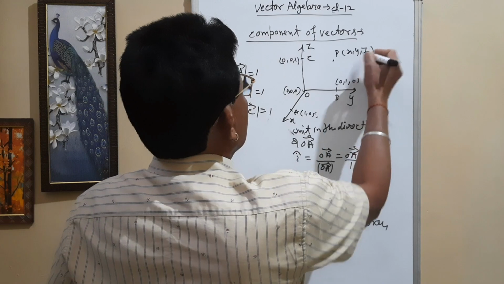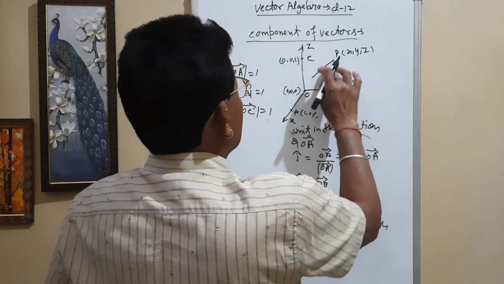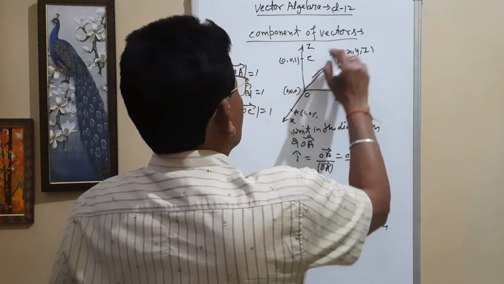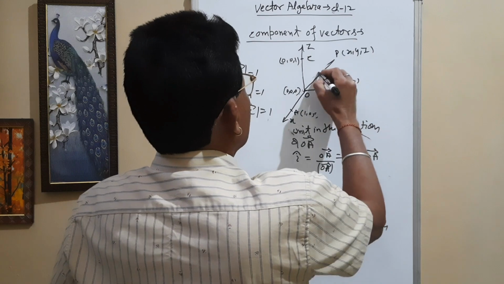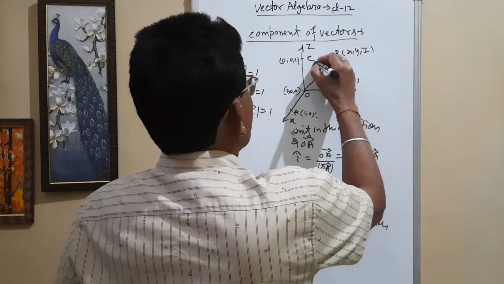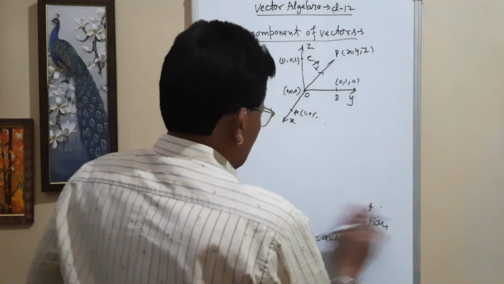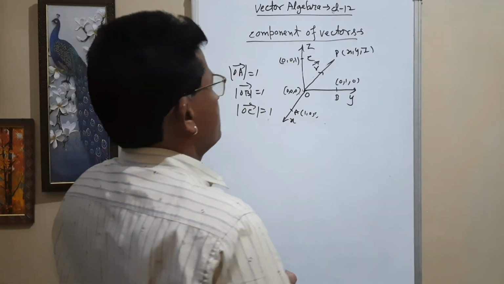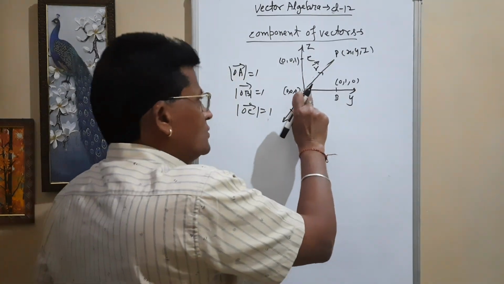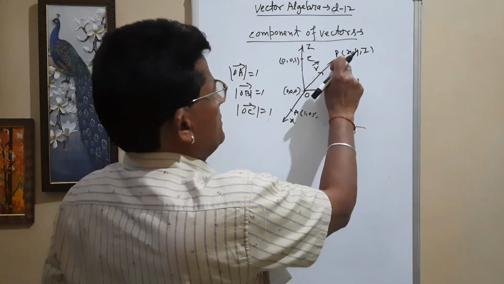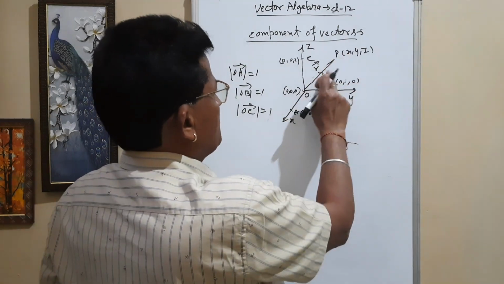Let me take a point P. Its coordinates will be x, y, z. You have studied this in class 11. That is why you see carefully its coordinates, and this vector is denoted by R. Let me take here the components. Very important thing we are discussing, components or unit vector or position vector of the point P. How will you write the position vector of the point P?